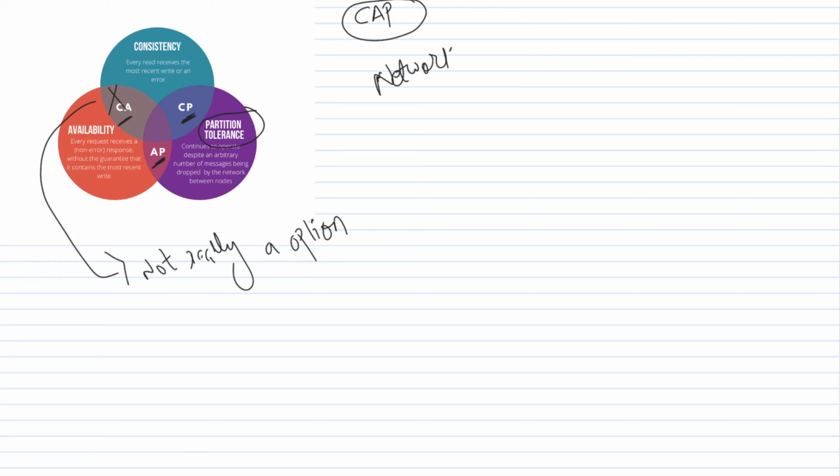So why am I saying in presence of a network partition? It is evident that there would be a network partition in a distributed system. You cannot really have a system which doesn't have a network partition, because it is very common for nodes to stop communicating with each other due to some network issues, right? So you have to support network partition.